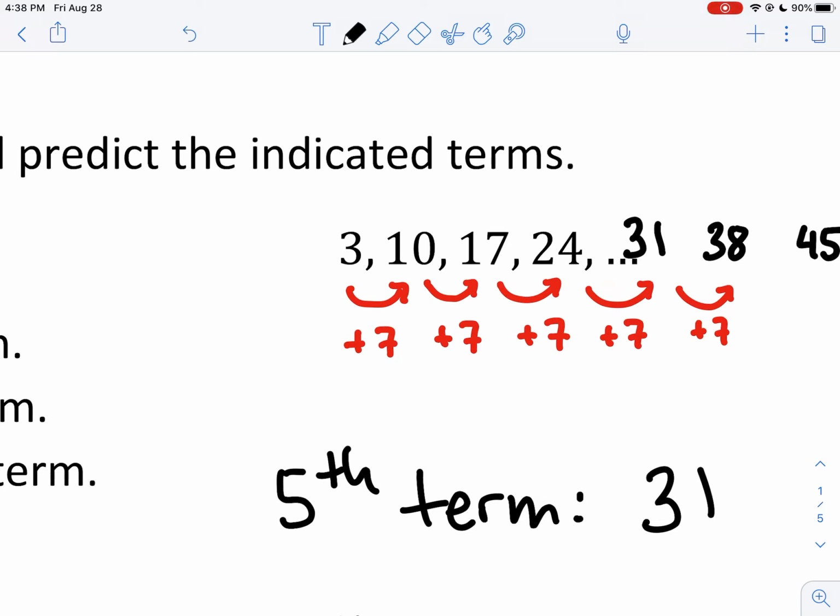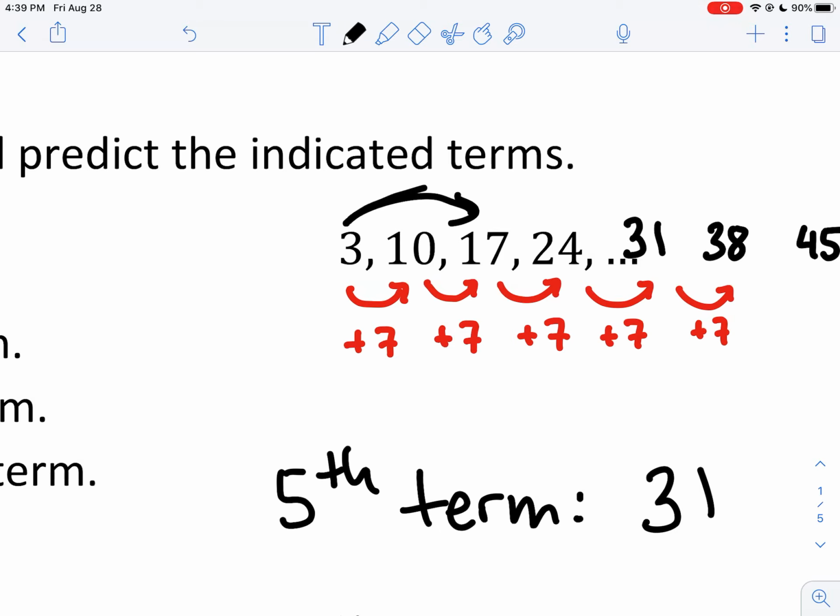So looking here, the first term's 3, but to find the next term we add 7, and then we keep adding 7. I do notice then to go from 3 straight to that 17, what would I need to do? I would have to add 2 7s, right, to go 2 steps down.